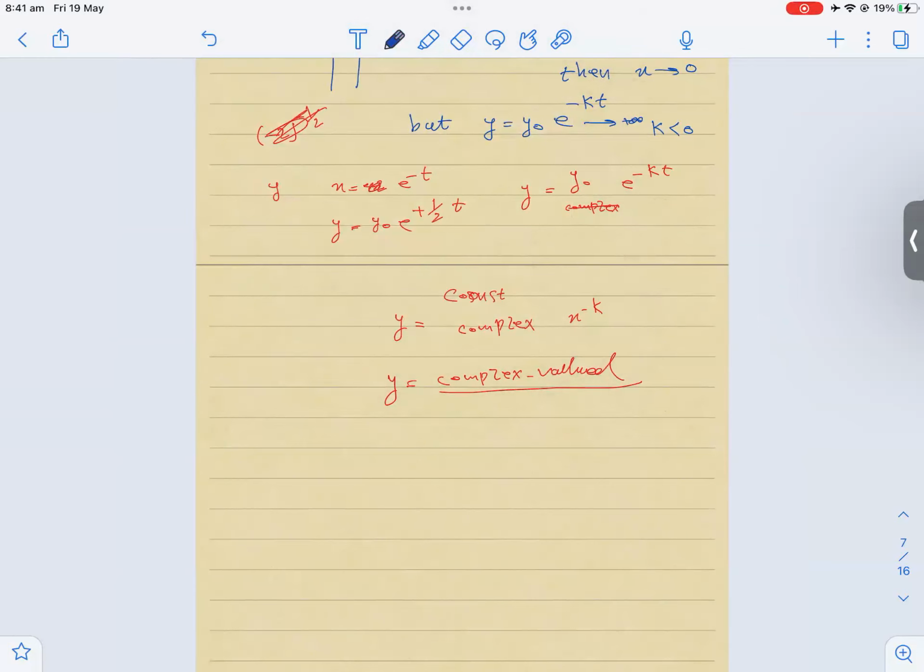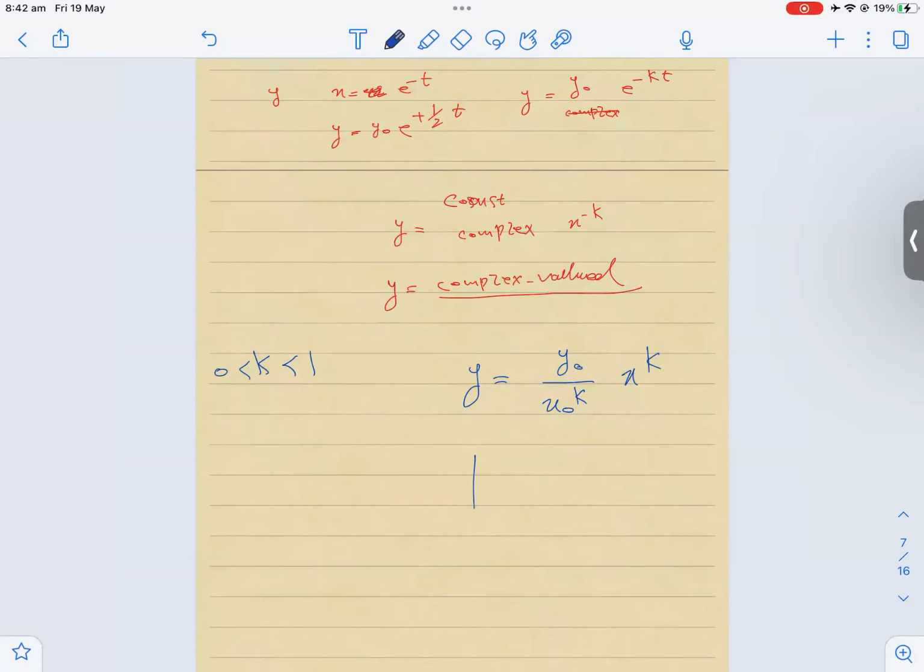Let me go to the next part. So what happens when k is between 0 and 1? With the same reasoning, y equals y0 over x0 to the k times x to the k. So say k equals half. We know that y equals the third of x is like this.